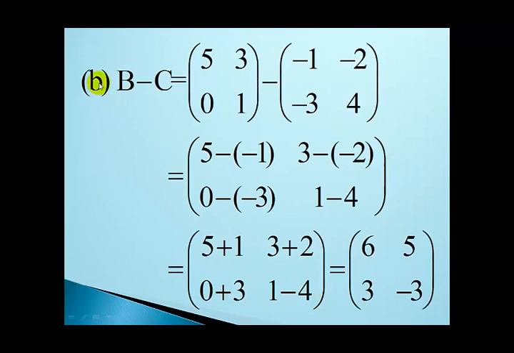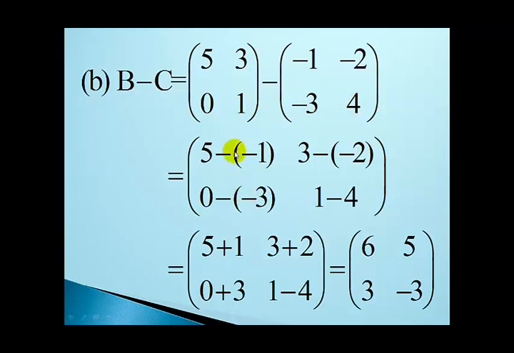Now B minus C equals [5, 3; 0, 1] minus [-1, -2; -3, 4]. So let's subtract. We have 5 minus minus 1, we have 3 minus minus 2, we have 0 minus minus 3, and we have 1 minus 4.